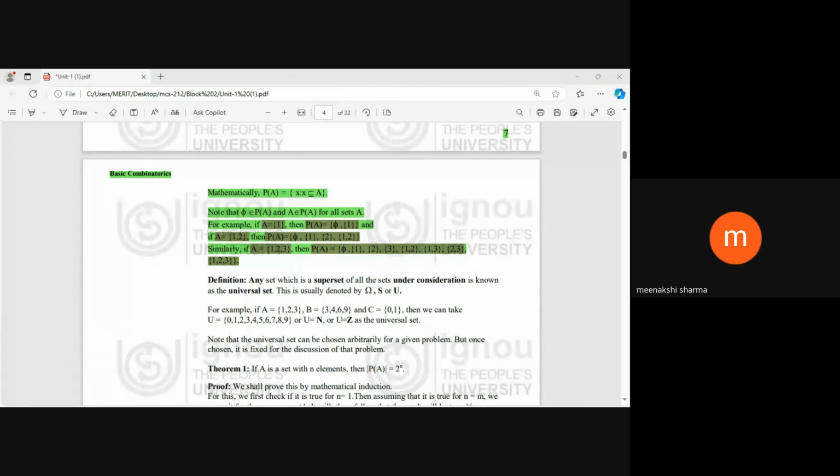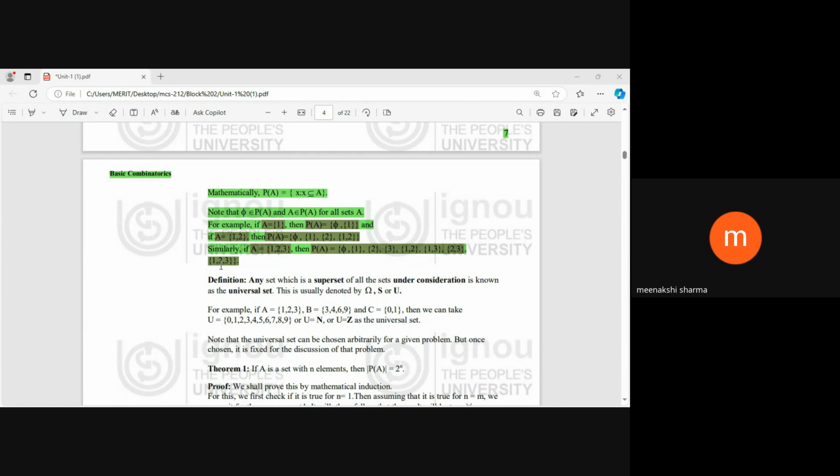And then another example is this. This is another example of power set.